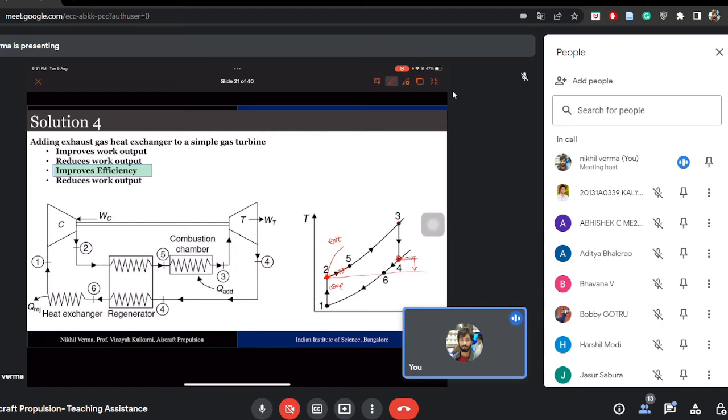Then after that, from 5 to 3, you use your fuel to increase the temperature, so you'll be saving a small amount of fuel. So the correct answer is that it improves the efficiency.